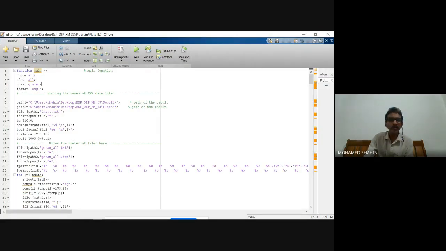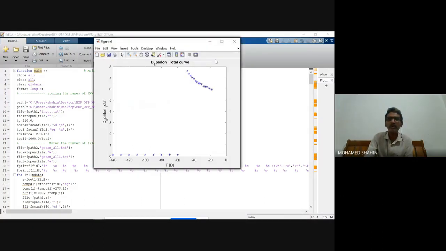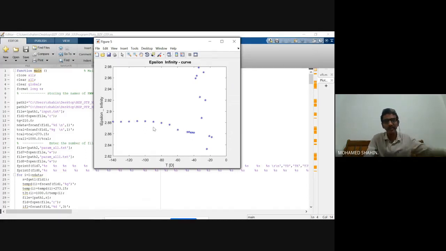Now, when you plot this, sometimes it happens that, with delta epsilon infinity, this parameter I didn't mention. You can see that at very low temperature, epsilon infinity is almost defined, 2.88. Now, as the temperature increases, the density inside the capacitor would decrease.